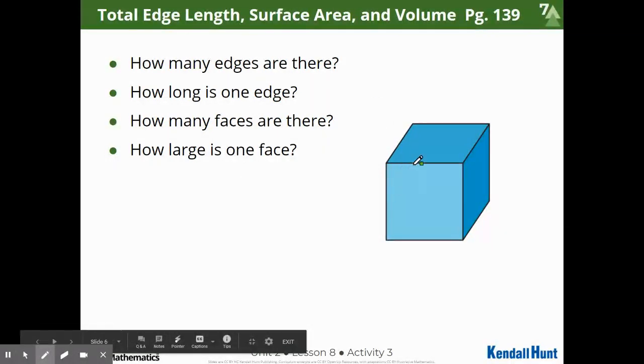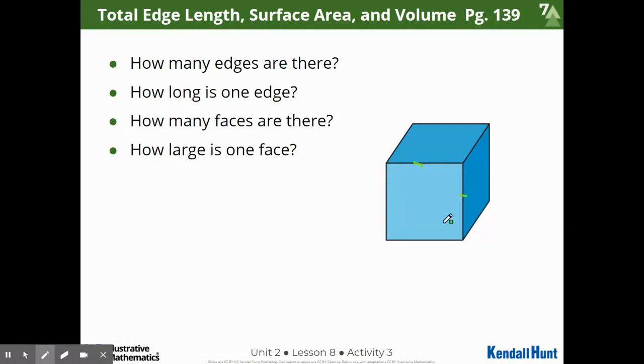We have 1, 2, 3, 4. We have the same thing in the back with 1, 2, 3, 4. And then we have these sides, 1, 2, 3, and 4. So 4 in the front, 4 in the back, that's 8, plus these 4 around. So that's a total of 12 edges.